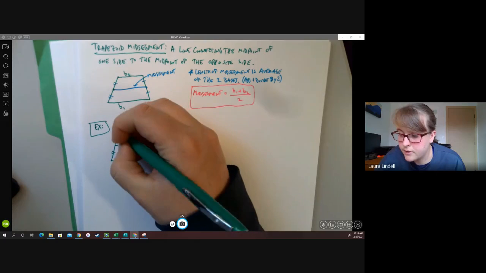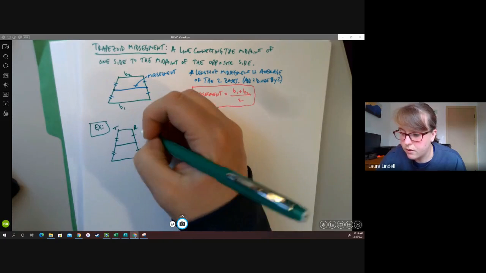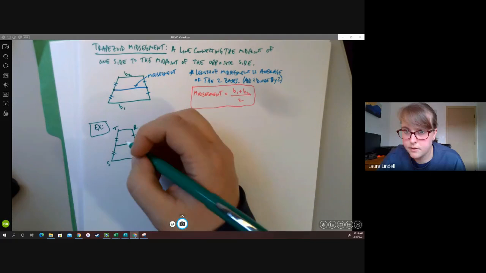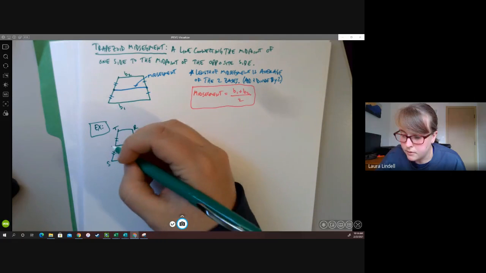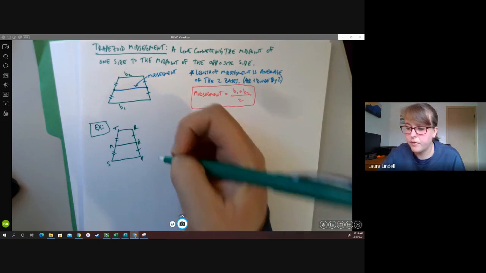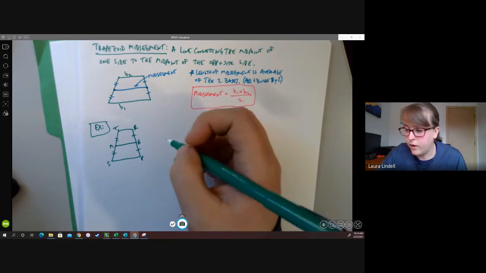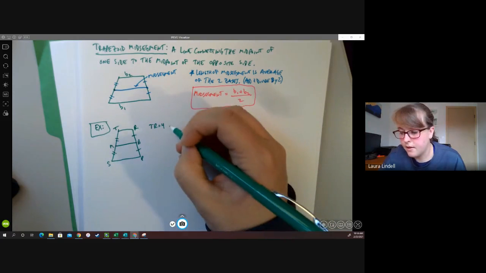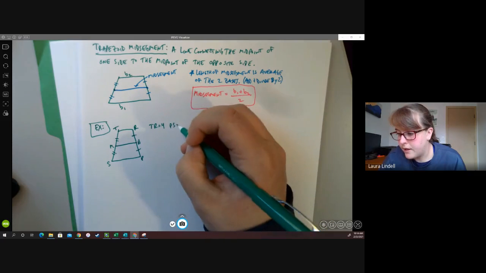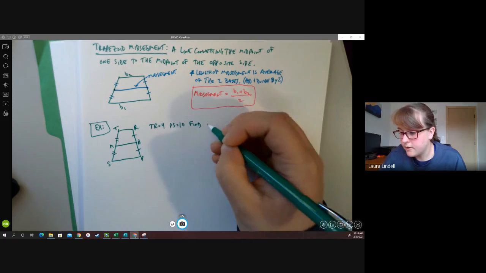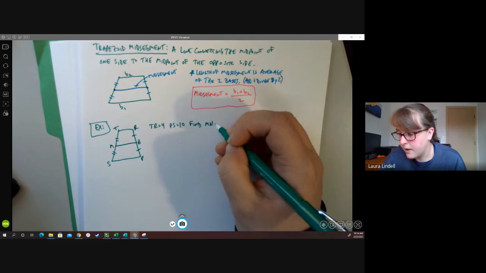And we'll call this T, R, P, S, and then this will be M and N. And we are told that TR is 4, PS is 10, and we want to find MN.